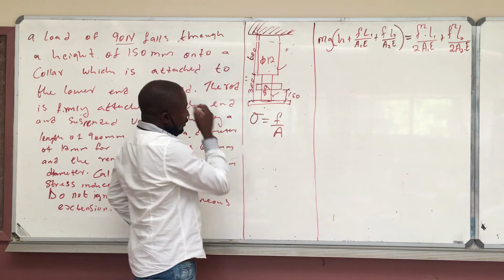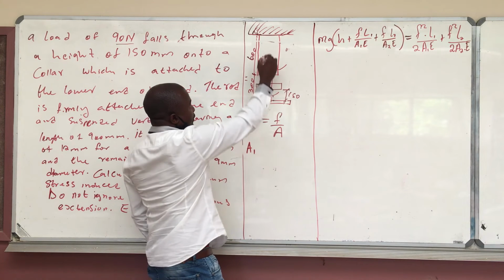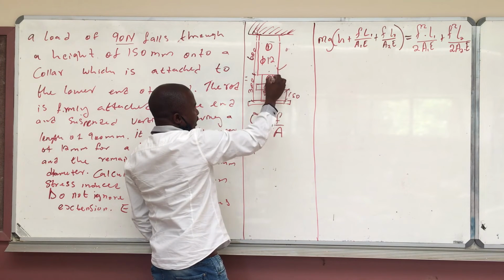So okay, let us find area 1. We'll take this as area 1 and this as area 2.